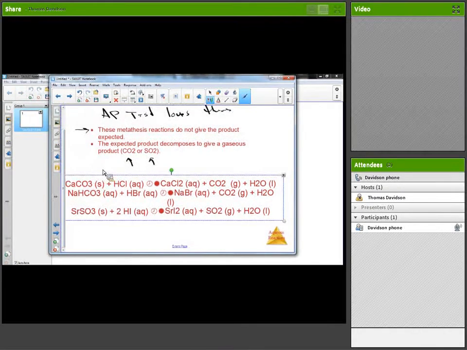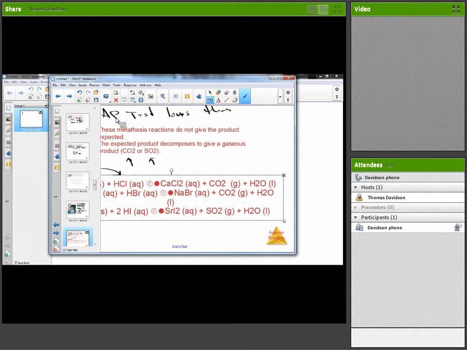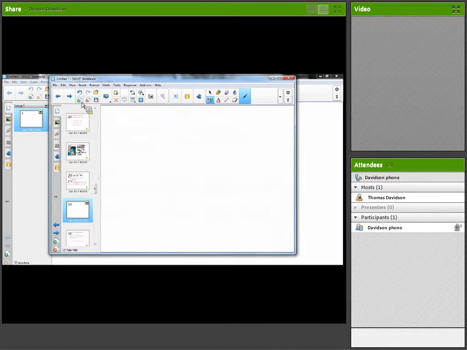If you have a metallic carbonate plus an acid, you would think that it would form H2CO3 and CaCl2, which it kind of does, but it decomposes. To me, this looks horrible to write, so let's just draw this out together. So here we go, once again.